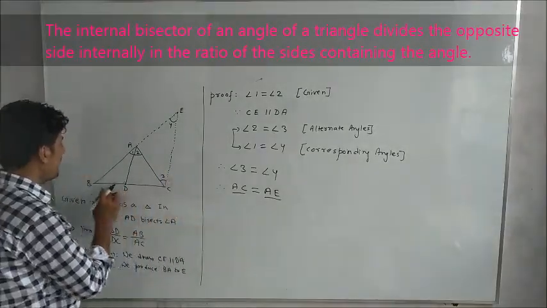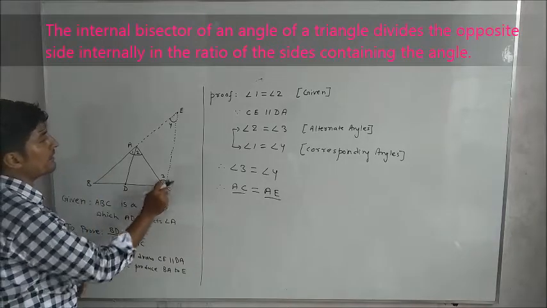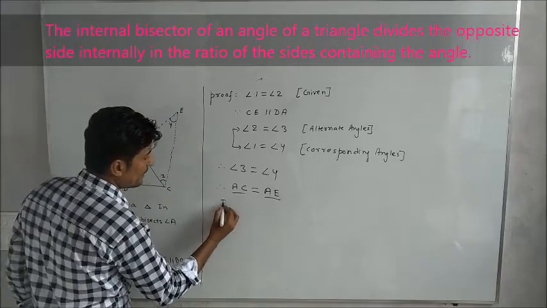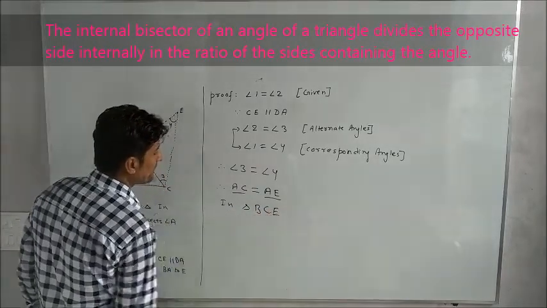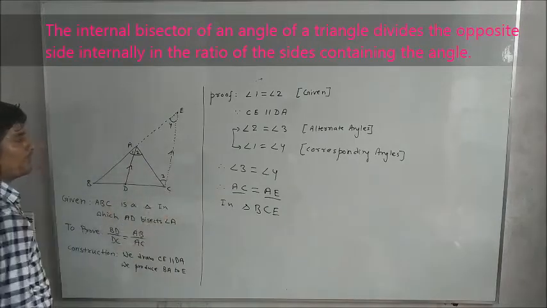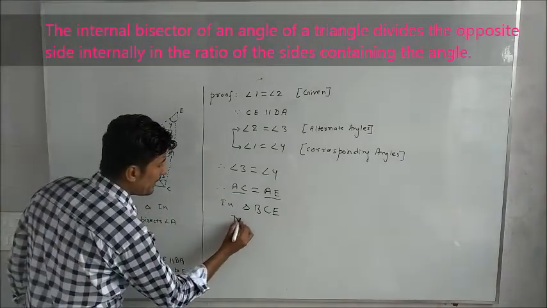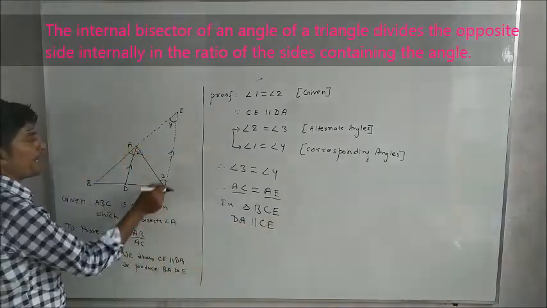After that, we will apply Thales theorem to triangle BCE. In triangle BCE, DA is parallel to CE.